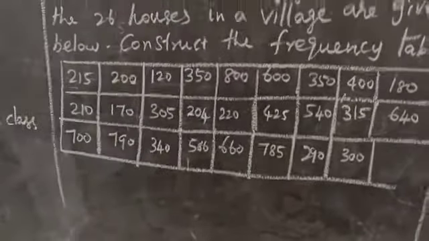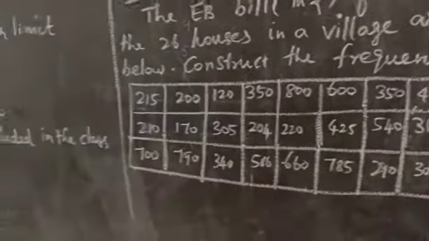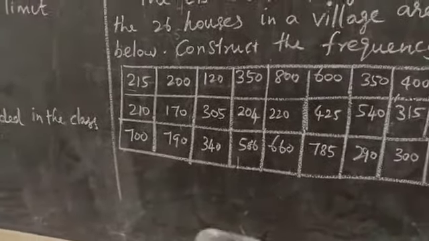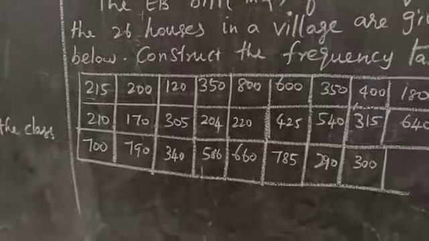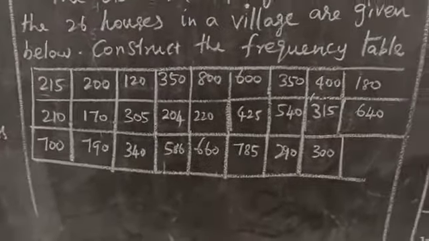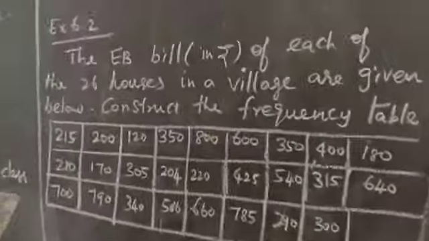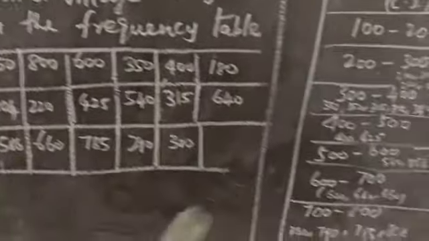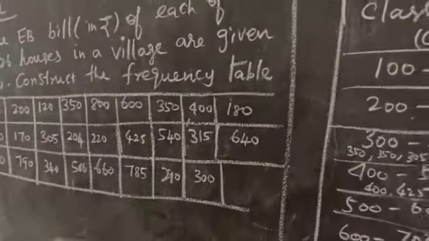Listen students, the EB bills of 26 houses are given. We construct the frequency table in continuous series.